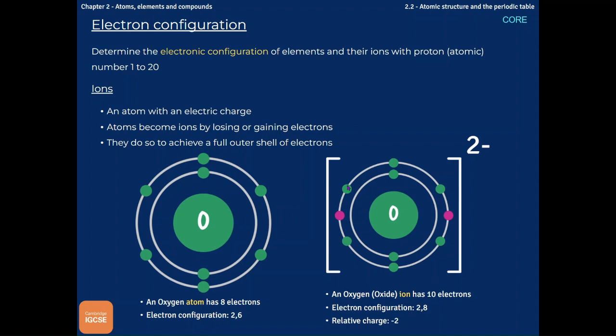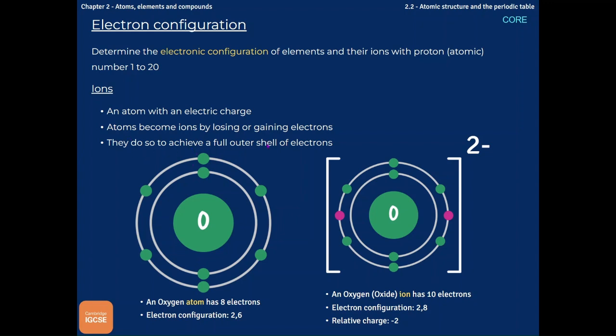But if you give something like oxygen more electrons, you have an unbalanced amount of electrical charge. So in this case, you have two extra electrons, and oxygen becomes -2. It has a -2 electrical charge. So atoms become ions by losing or gaining electrons.